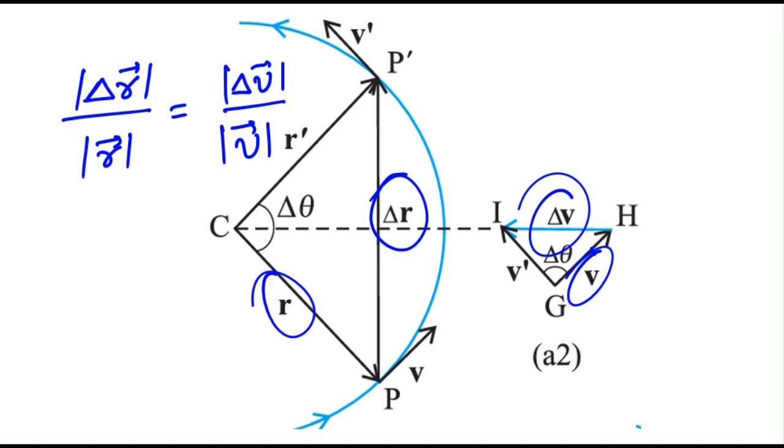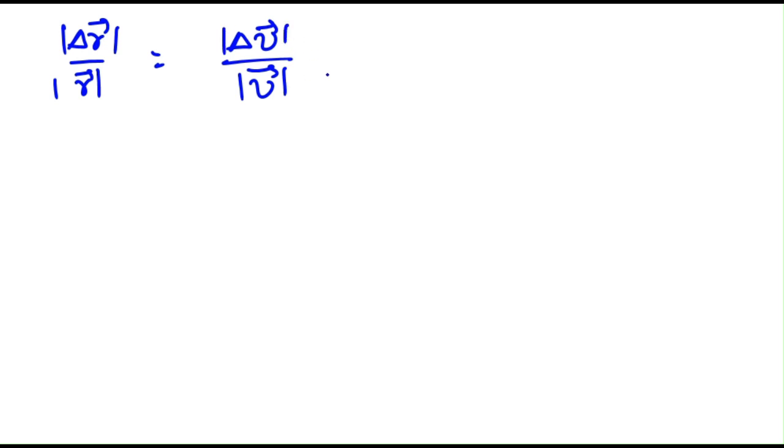Okay, let's write this expression somewhere else so that we can do some calculation. So this is delta R and this is R, and it equals delta V divided by V. We are taking magnitude, so simply we can write delta R by R, where capital R is the radius of the circle, equals delta V by v, which is the magnitude of the velocity, or you can say the speed of this body or particle which is moving on a circular track.